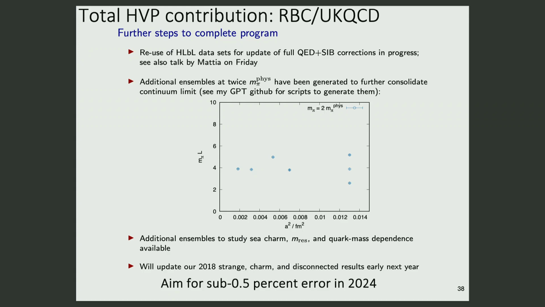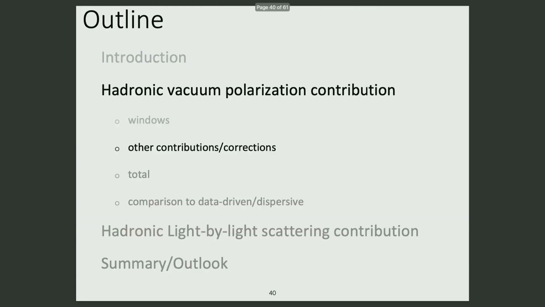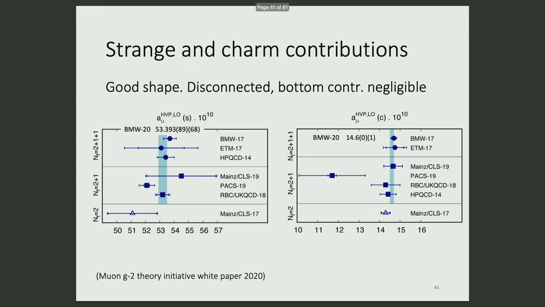Okay, so that's the status. I won't have time to do anything else. The other contributions are in good shape. This is from the white paper, strange and charm contributions, lattice. Everybody agrees they contribute little, so it's not really a problem.